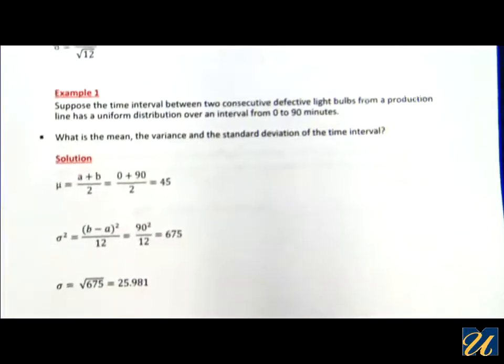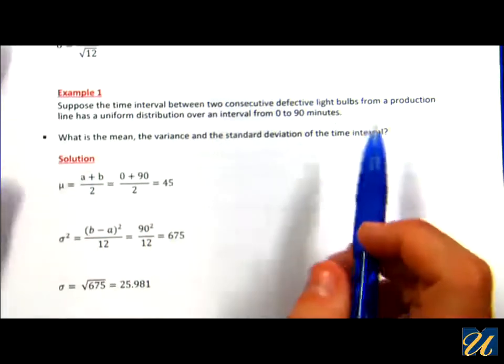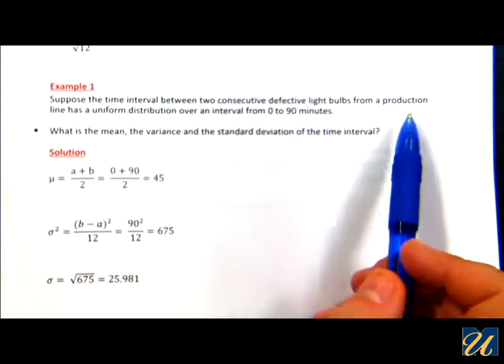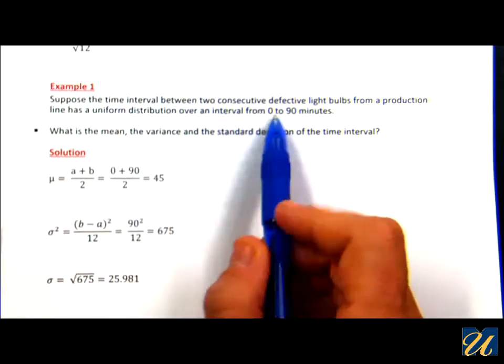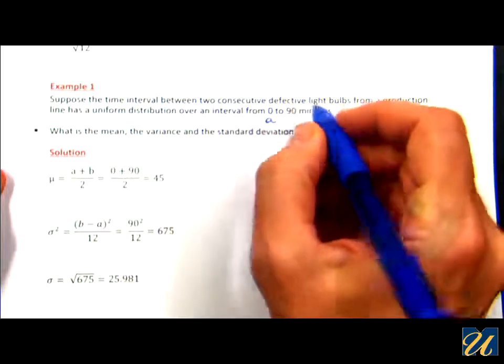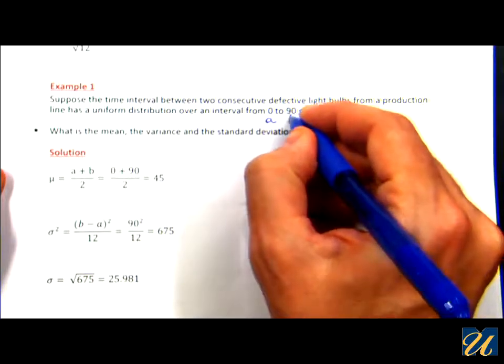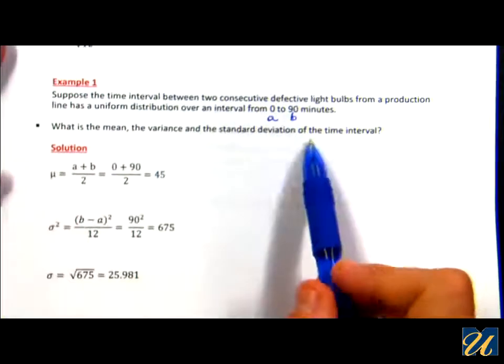So let's look at an example. And whenever you have a uniform distribution, it will always be stated. Suppose the time interval between two consecutive defective light bulbs from a production line has a uniform distribution over an interval from 0 to 90. So 0 is your a, 90 is your b. What is the mean, the variance, and the standard deviation of the time interval?